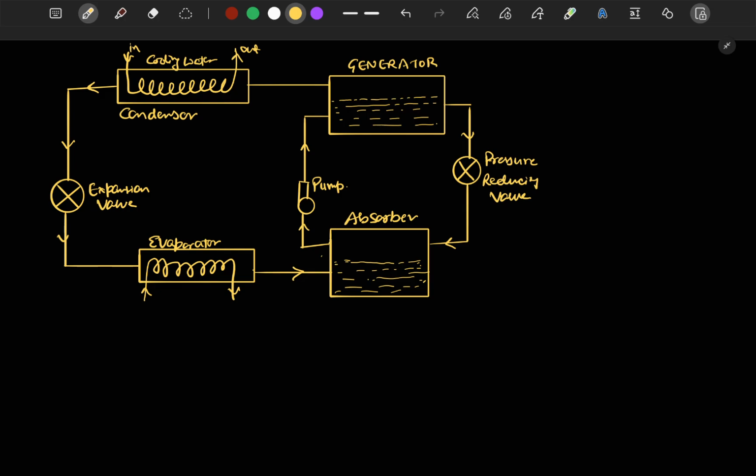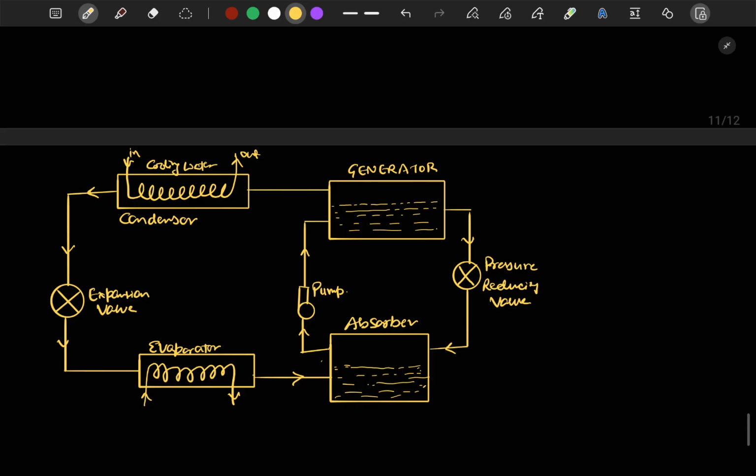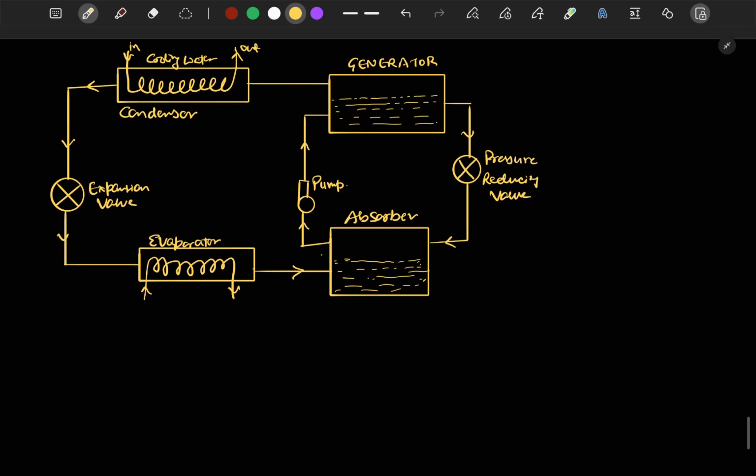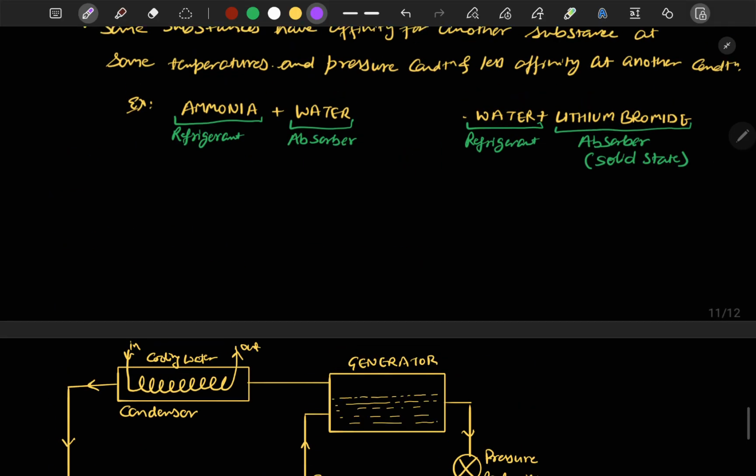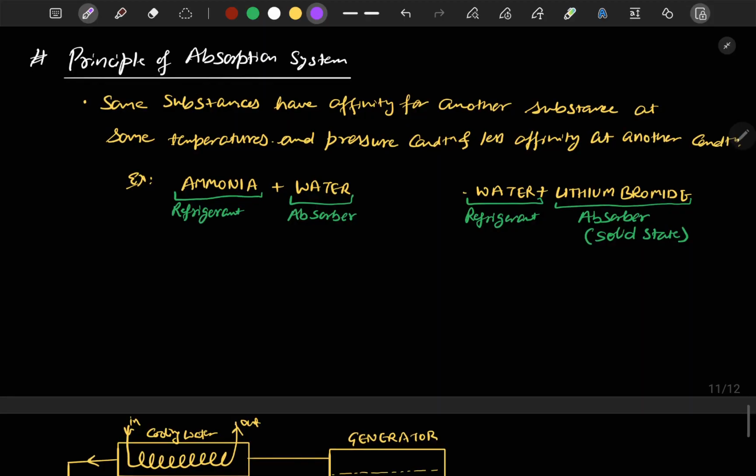generator. So let's discuss what are the steps, what is the process that follows in our VRS cycle. Now let's talk about how the cycle works. So let's consider water ammonia, as I have discussed different types of combinations.